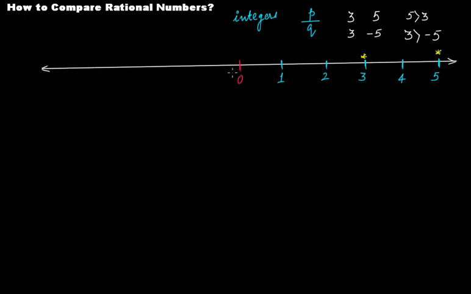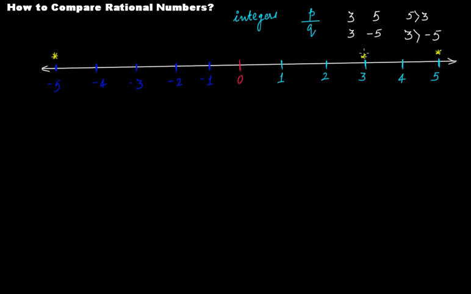So if I have to represent this on a number line here, if I mark this side, let's say this is minus 1, this is minus 2, this is minus 3, this is minus 4, and this is minus 5. Now, in this case, your minus 5 comes here, right?